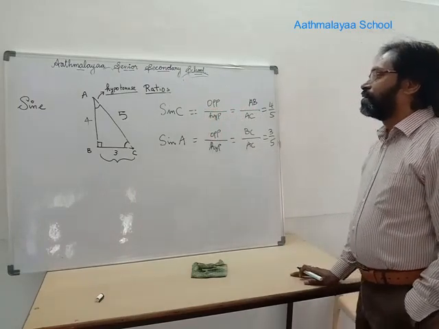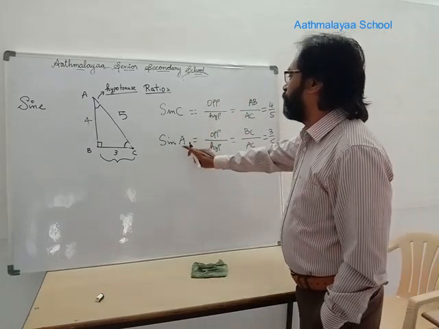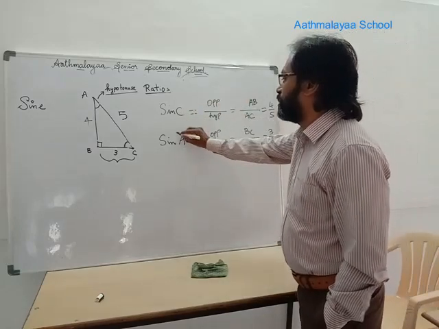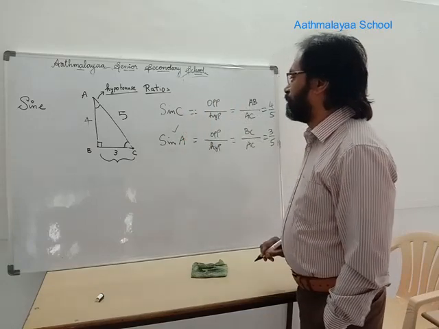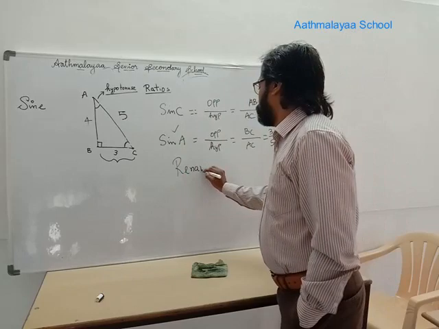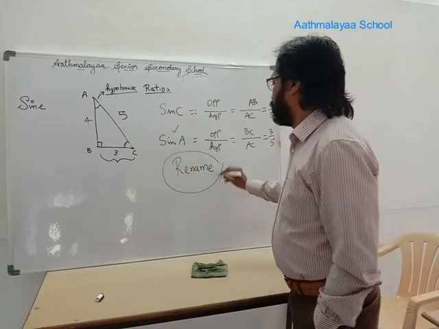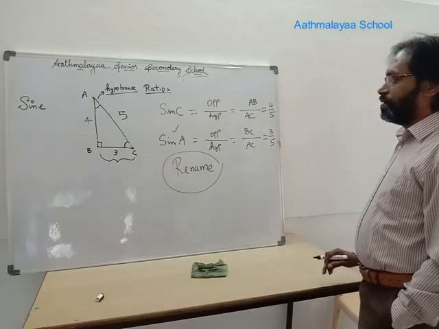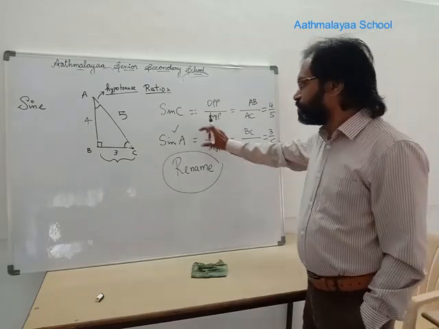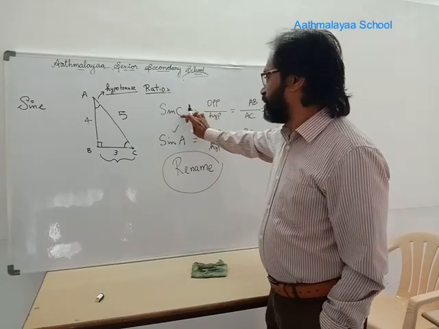Now we are going to rename one of these two. People who have already come across trigonometry know what the renaming of this is, but let me explain. What is the link between angle A and angle C?